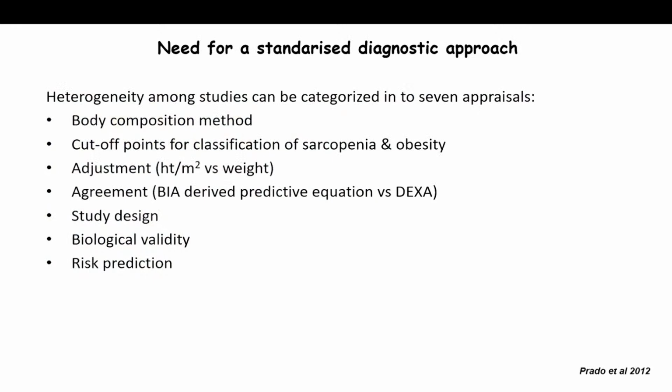So if we really want to standardize things, then what is needed? As we see that there's marked heterogeneity, we should have something by which we can measure body composition. Then cutoffs should be very clearly defined, and there should be agreement among the various modalities to some extent.